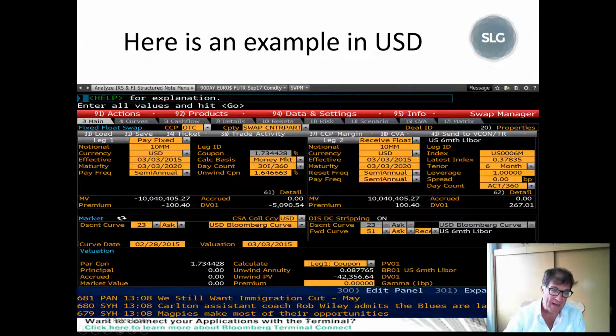This is semi-annual on the fixed side, and we've actually gone to semi-annual on the floating side too, although that traditionally has not been the most typical convention for the floating side of a US dollar swap. But increasingly it's widely used for counterparty risk reasons that we will discuss in a later module.